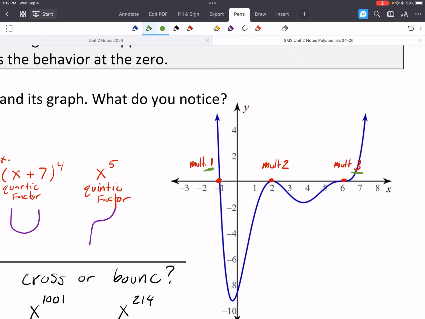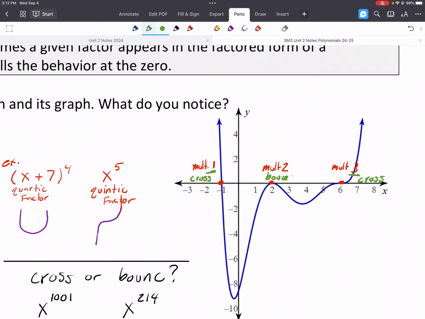When that happens, we call it a cross. So both of these cross the x-axis. And if it's an even multiplicity, it bounces, or we'll call it a bounce. It hits that x-axis and then goes back the opposite direction.